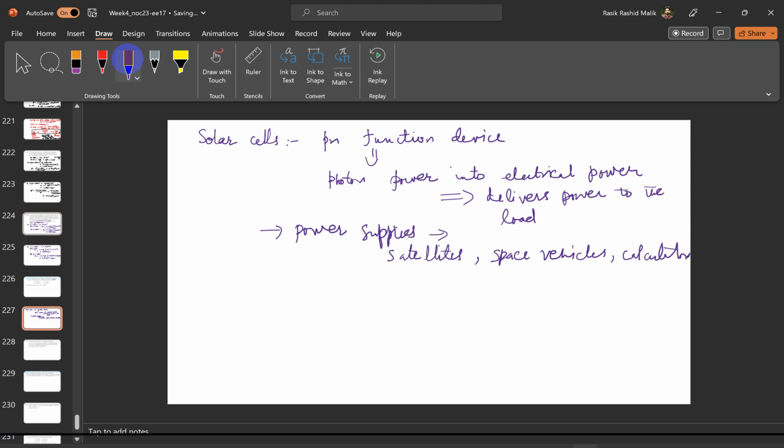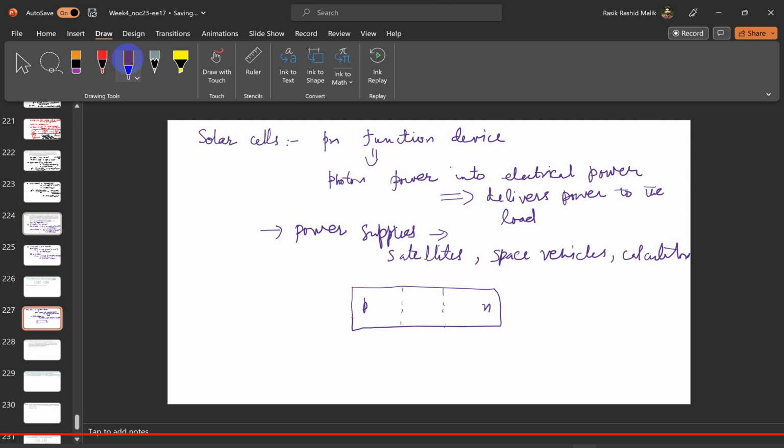Okay, so let's first talk about the PN junction solar cell. If I draw it here, simply we have a PN junction, and at zero bias we have some depletion region.